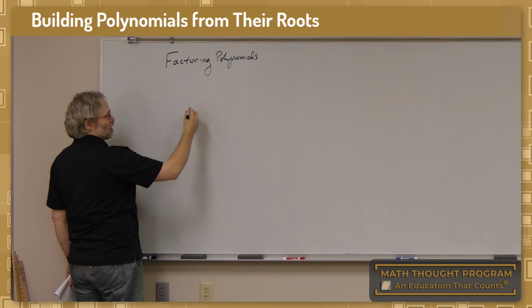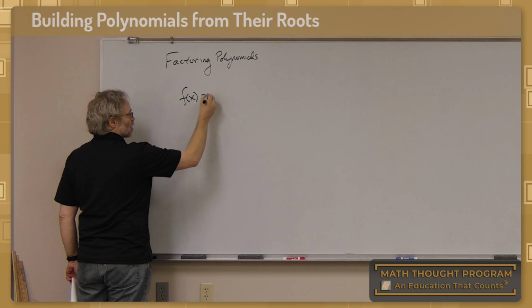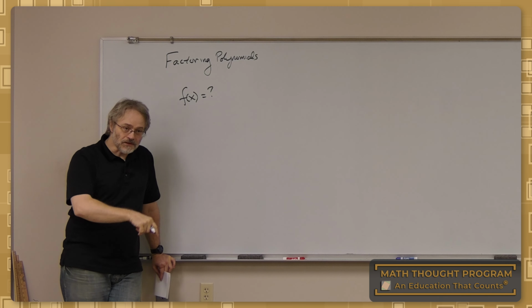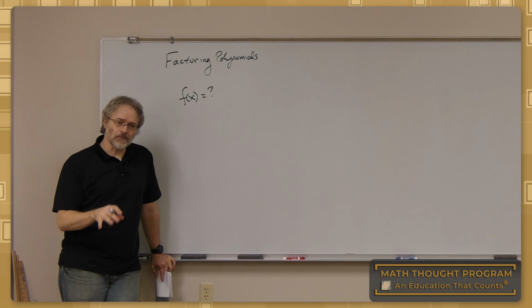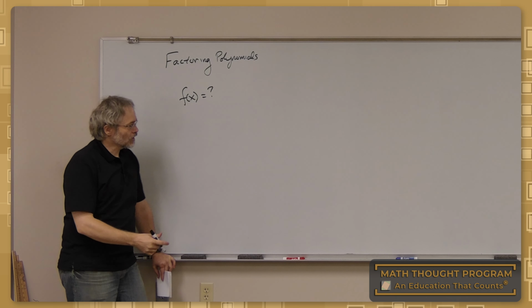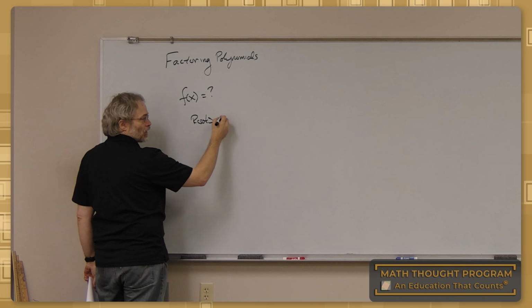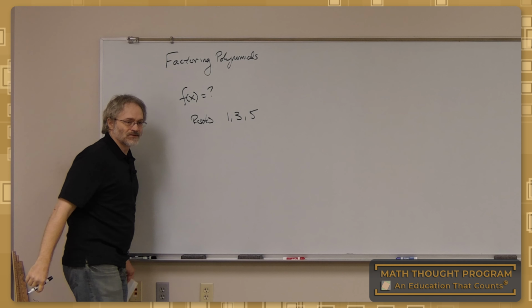Let's just say if you have some kind of polynomial, f of x, and I'm not going to tell you what it is, but I'll tell you what it does. And what I want you to do is generate a polynomial which will mimic that behavior. Suppose that we're going to have roots right at 1, 3, and 5.